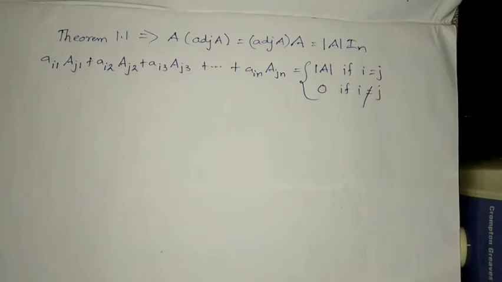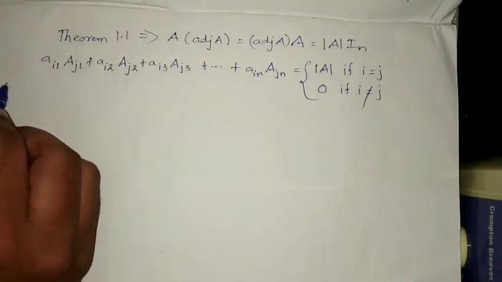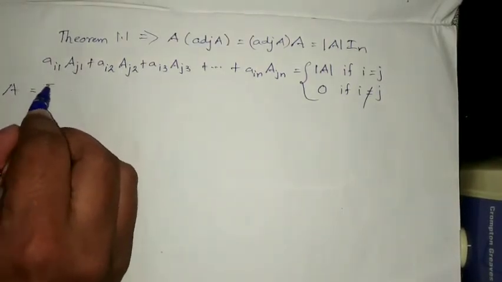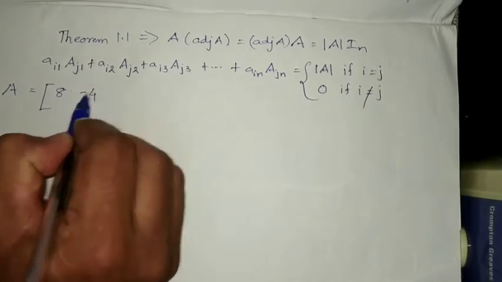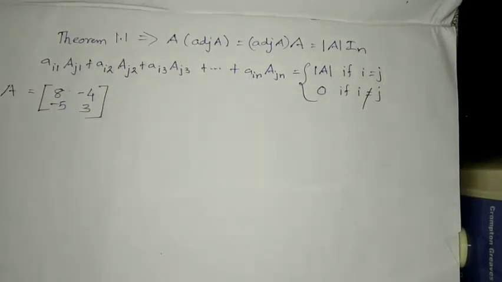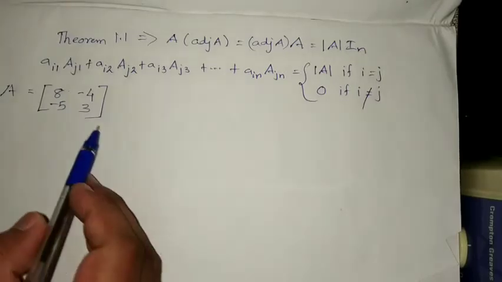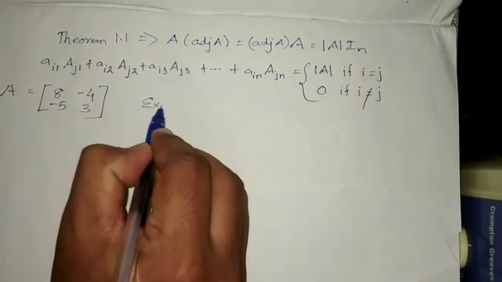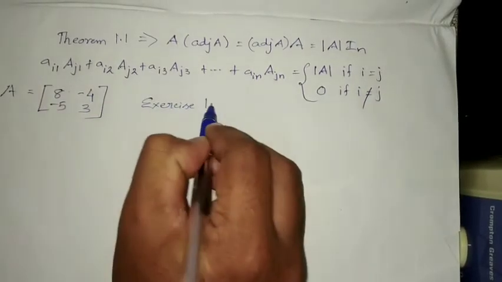Let us consider a matrix of order 2, A equal to 8 minus 4, minus 5 3, which is problem number 6 in exercise 1.1.